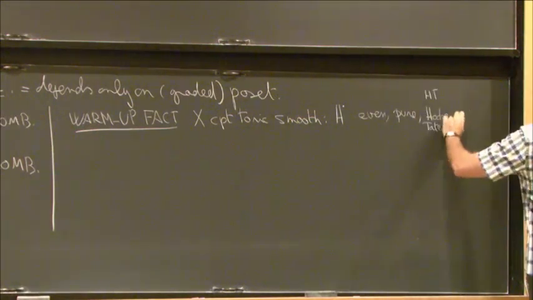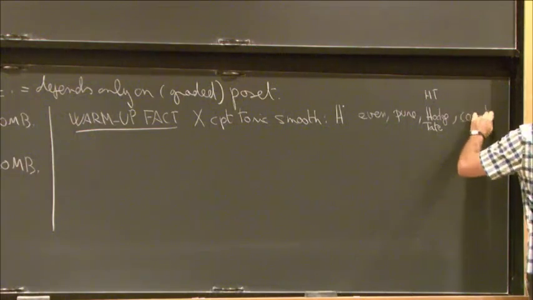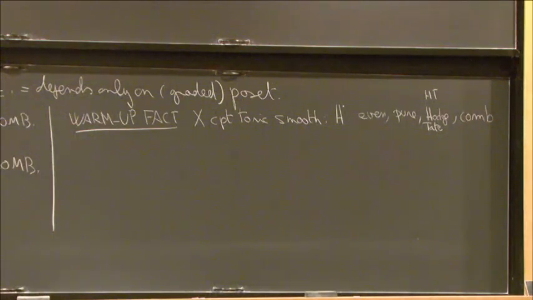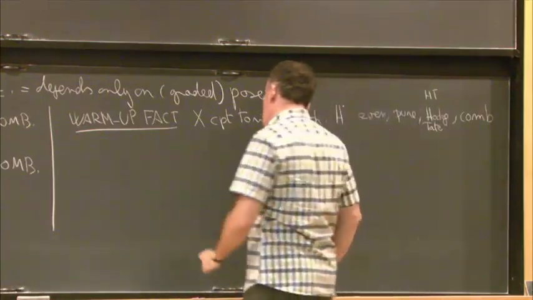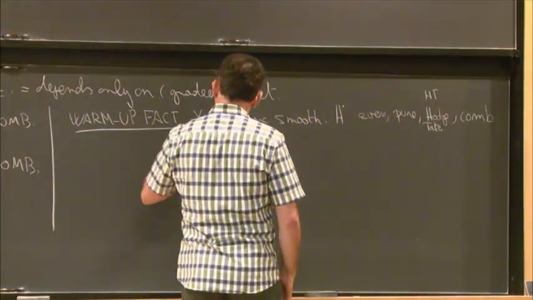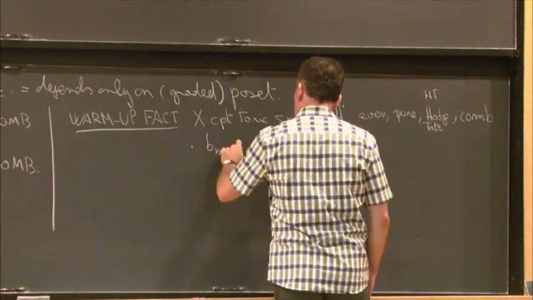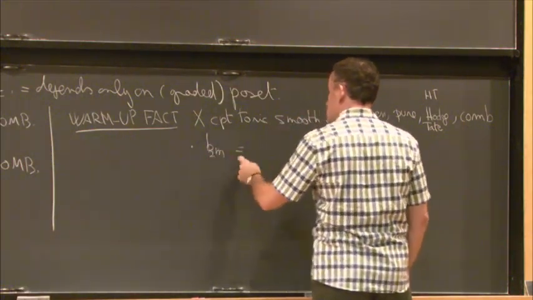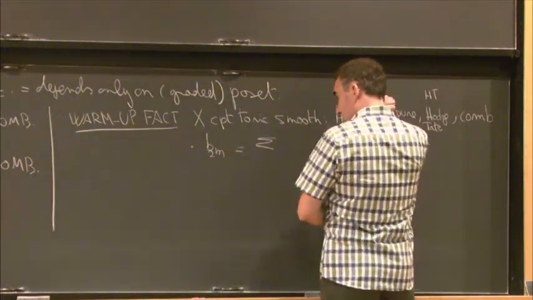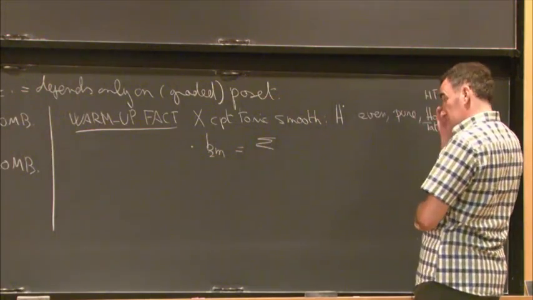And it's combinatorial. In fact, we have a formula for the Betti numbers. Let's remember this.